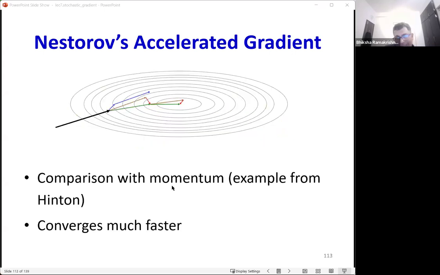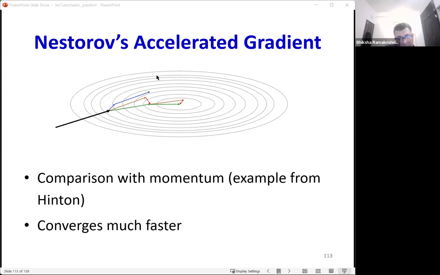But here's a very nice pictorial illustration. This was from Hinton. Suppose this was your previous step, and this is your optimum. If you were following the momentum method, you'd first go here and then add a scaled version of the previous step and end up here. Whereas if you were following Nesterov's, you would first continue here and then take a step against the gradient, which would end up here, which is much closer.